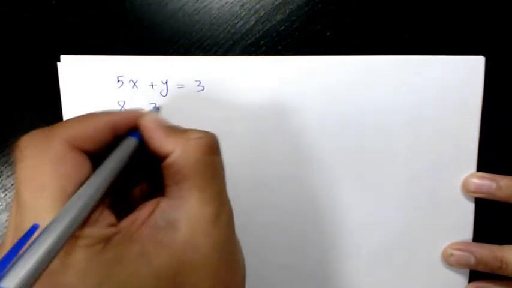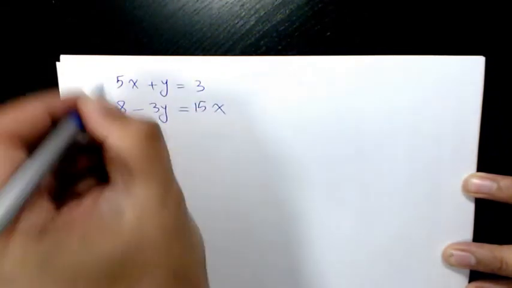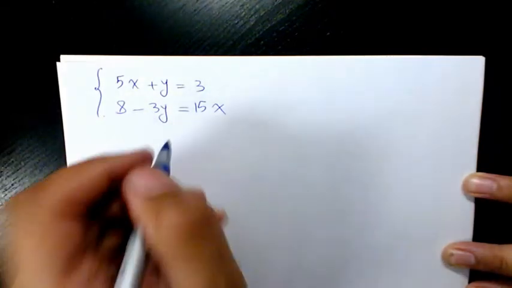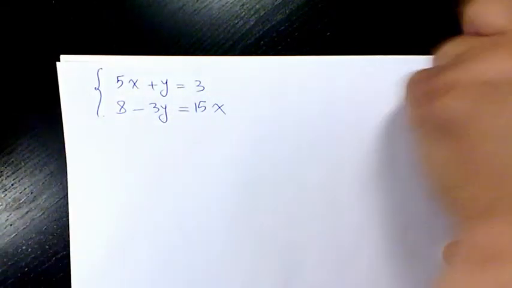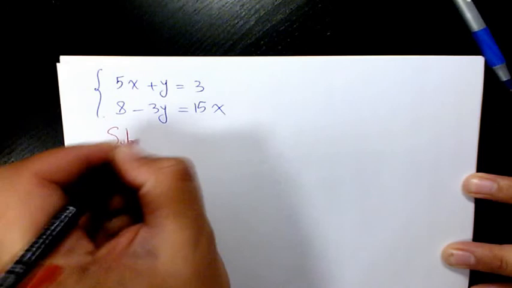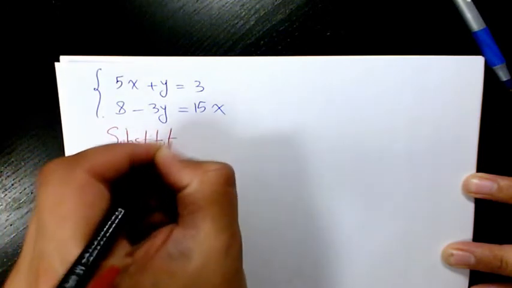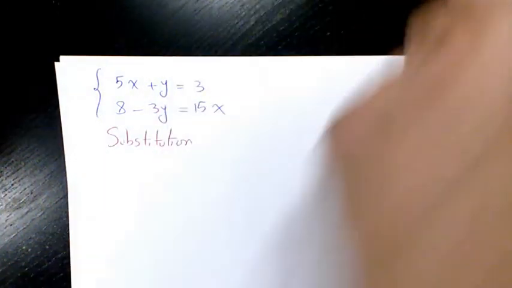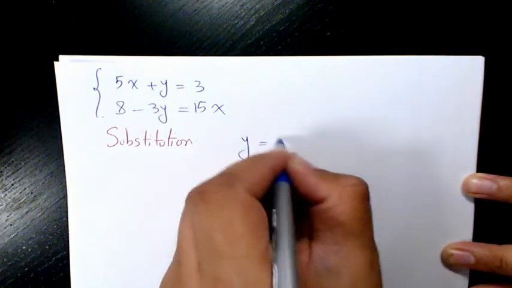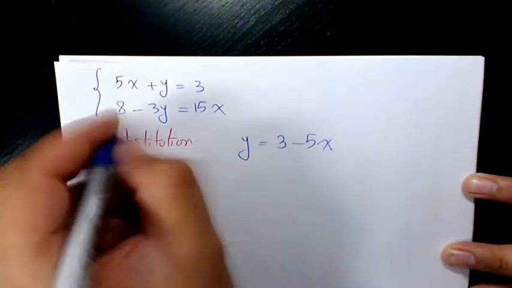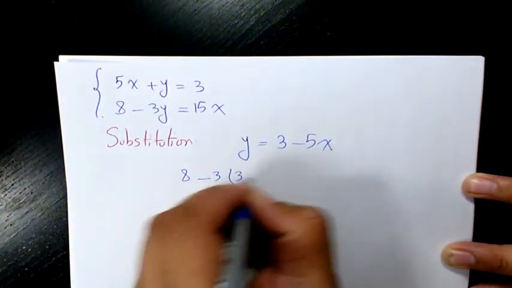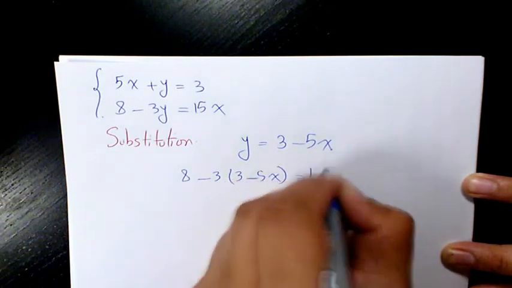We have 5x plus y equals 3 and 8 minus 3y equals 15x. So what we can do, substitution method. Using the first equation, y equals 3 minus 5x. Sub it there: 8 minus 3 times 3 minus 5x equals 15x.